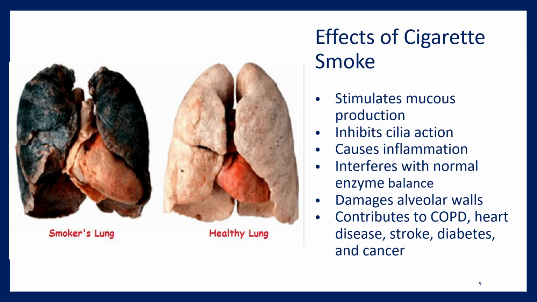From a slide perspective, you'll often see goblet cell hyperplasia, thickened bronchial walls, and chronic inflammatory infiltrates, eventually contributing to COPD, cardiovascular disease, stroke, diabetes, and cancer. So yes, smoking truly is an equal opportunity destroyer.